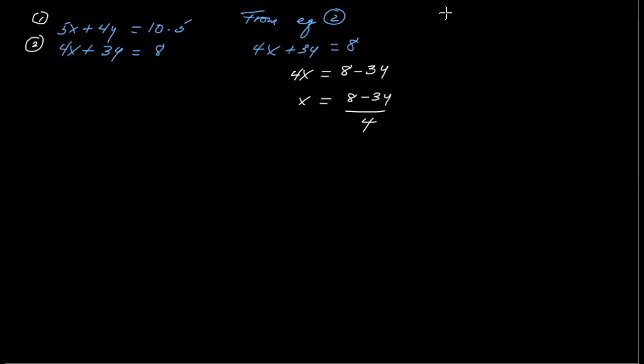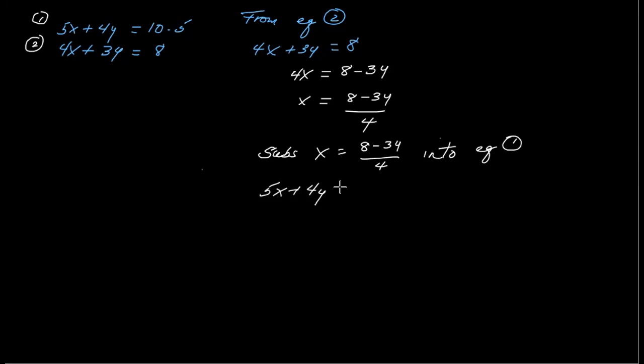Now I'm going to substitute x is equal to (8 minus 3y) divided by 4 into equation 1. So I'm going to write out equation 1, 5x plus 4y is equal to 10.5. Now, wherever I see x, I'm going to put (8 minus 3y) divided by 4.